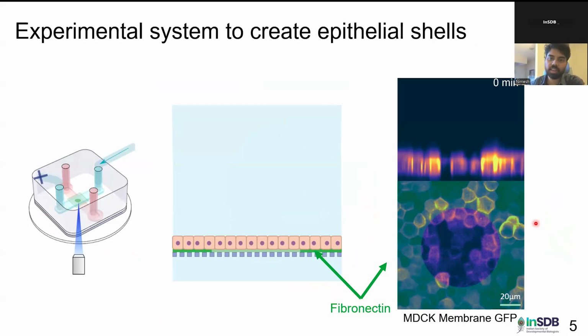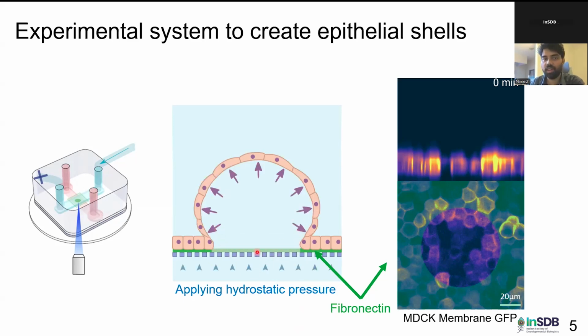The MDCK cell line is a very widely used epithelial cell line that comes from canine kidney cells. Our assumption was that when we apply hydrostatic pressure from below, the cells at the lower adhesion point would detach and inflate into a pressurized geometry, a spherical cap. And we will have pressure, we will have tension, and with confocal imaging, we will be able to see it. So does it work?